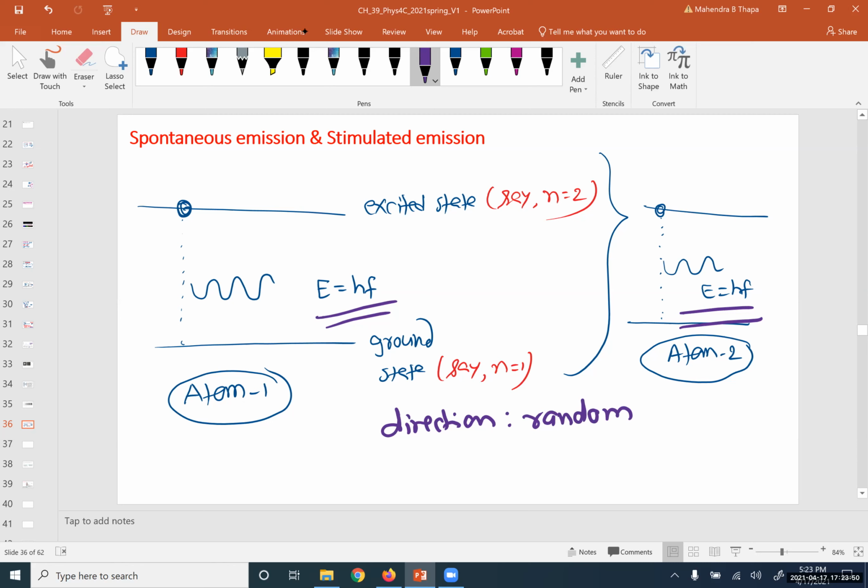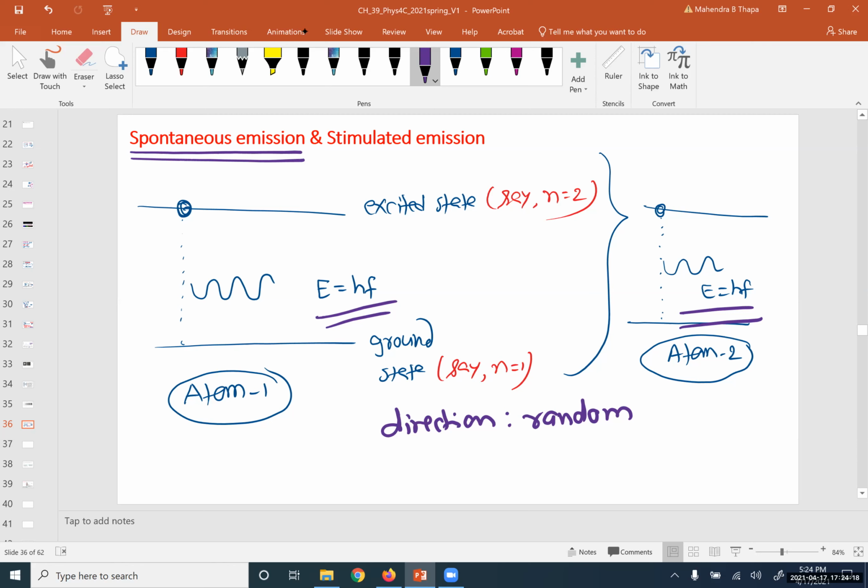So there's a phase difference between the photon emitted by the first atom and the second atom. This kind of emission is called spontaneous emission. There is a phase difference between the emitted photons from different atoms, so the sources behave as incoherent.